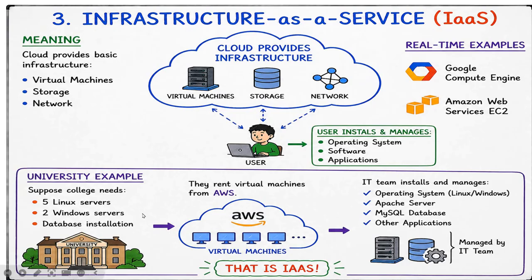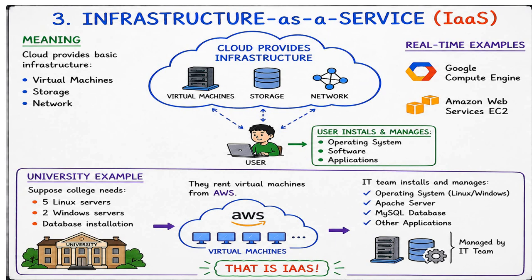So this example demonstrates a core benefit of the infrastructure as a service, where the organizations can quickly acquire computing resources without investing in expensive hardware, and they only pay for the infrastructure they use while maintaining control over the software and the system configurations.